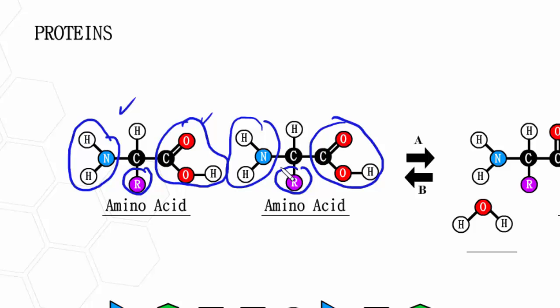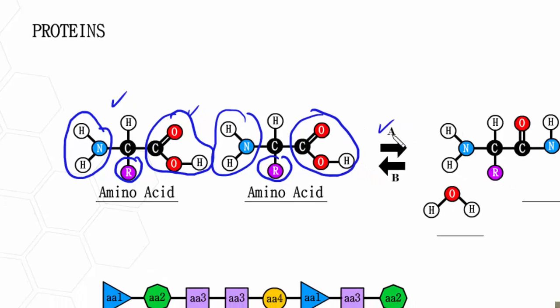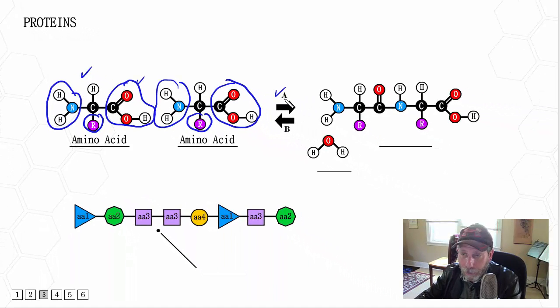And in order to make proteins, you have to click the amino acids together. They have to react. You can see that I've drawn the carboxyl group here in close proximity to the amino group of the other amino acid. It's always carboxyl reacting with amino. It's not carboxyl with carboxyl or amino with amino. Carboxyl and amino. The type of reaction that's going to occur over here is the same as we saw for the carbohydrates.